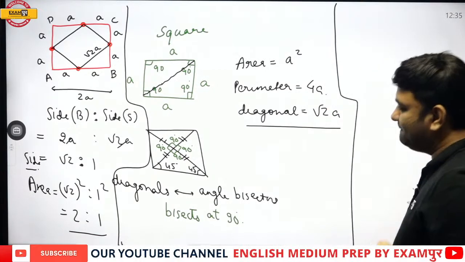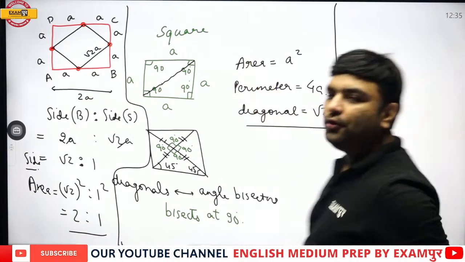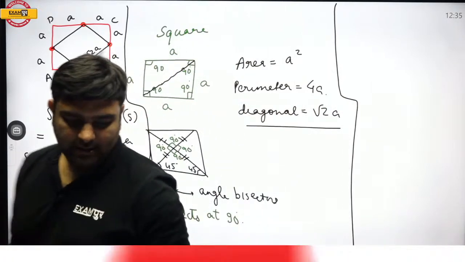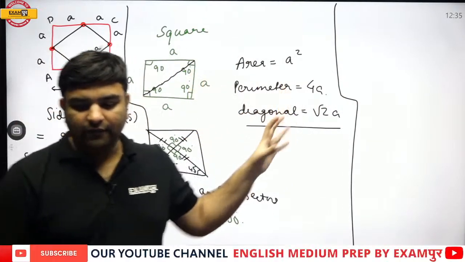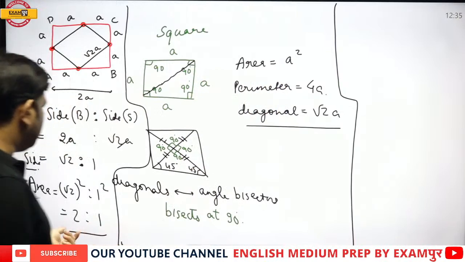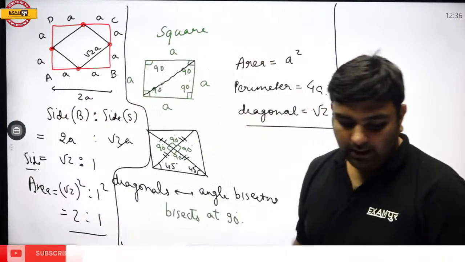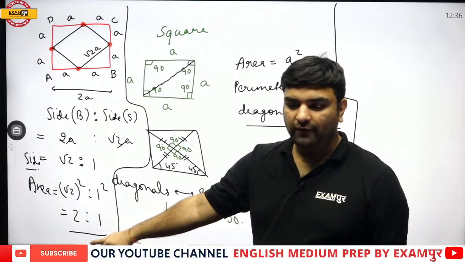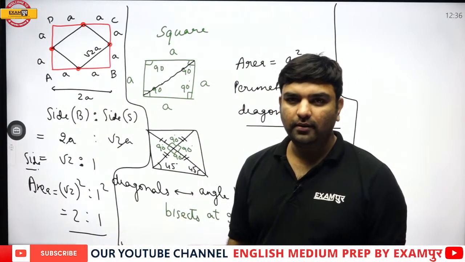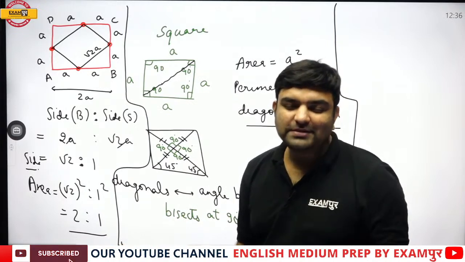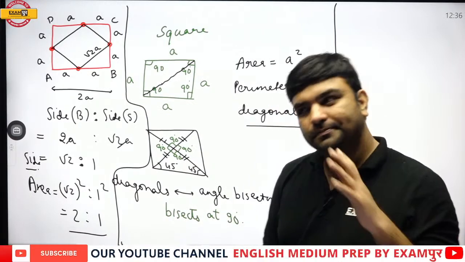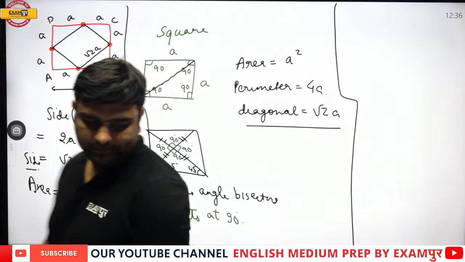So whenever you are drawing any kind of square inside a square like this, the bigger square is going to have an area double of the small square.